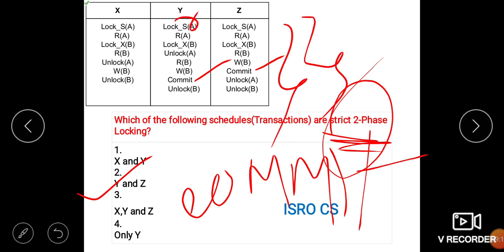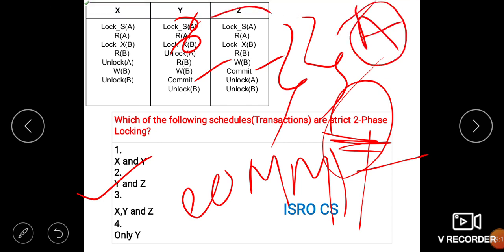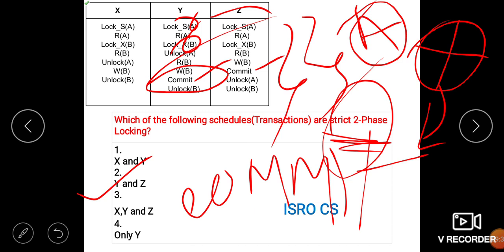Here S is shared, and X denotes exclusive. Shared means the operation can only perform the read operation, and when it is exclusive, then it performs the write operation. And exclusive locks are used before the commit operation.